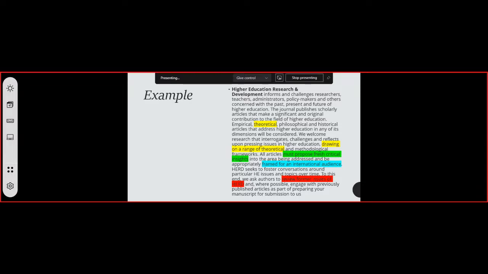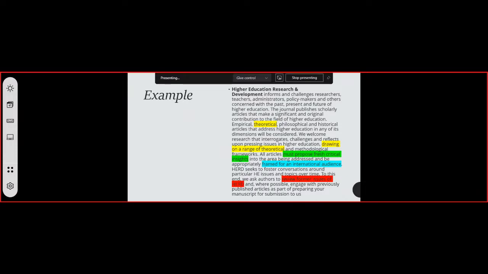There you can get your cue that they do accept theoretical or philosophical articles. Often your literature review could be of a philosophical nature, or have a philosophical argument to it. So now I know, yes, they do.